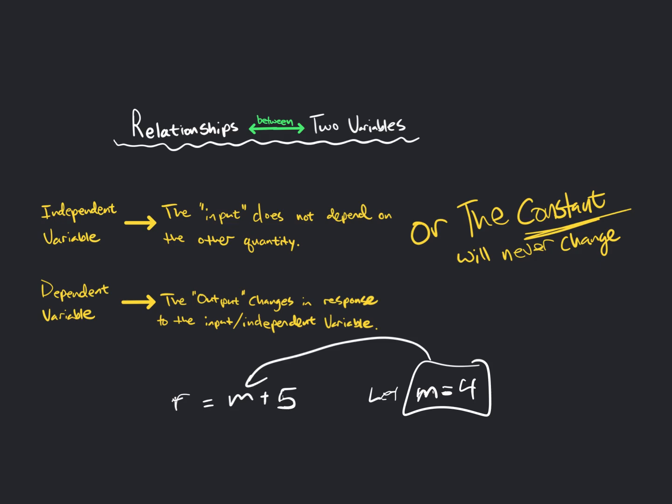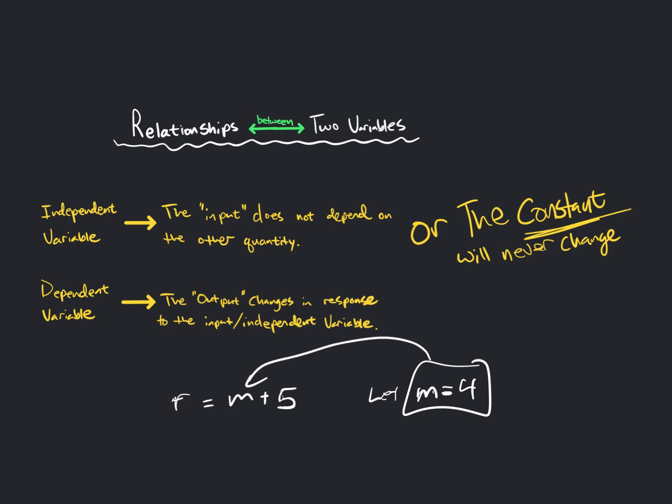The dependent variable, this is kind of like your output that changes in response to what we input, independent variables. So it's something that we change, the input versus the output.